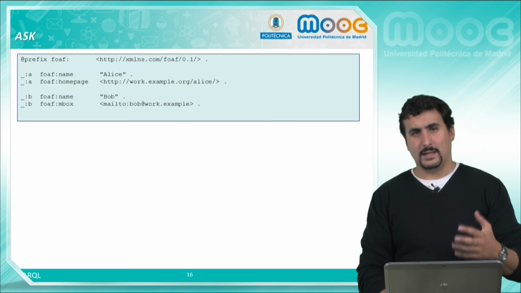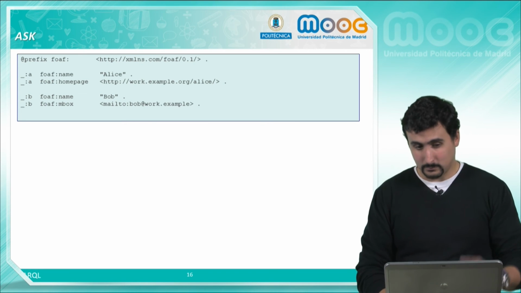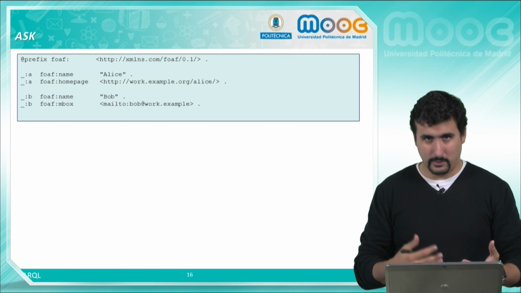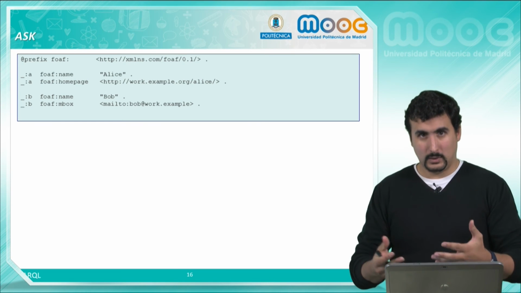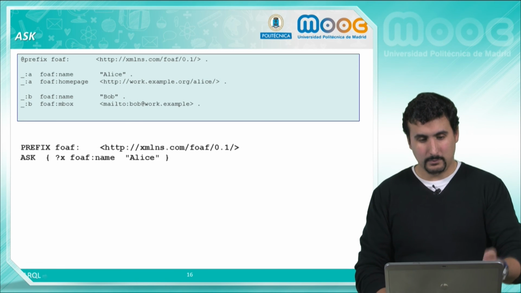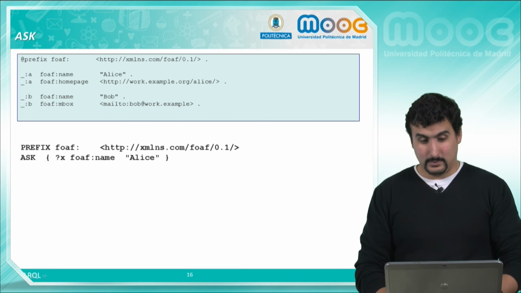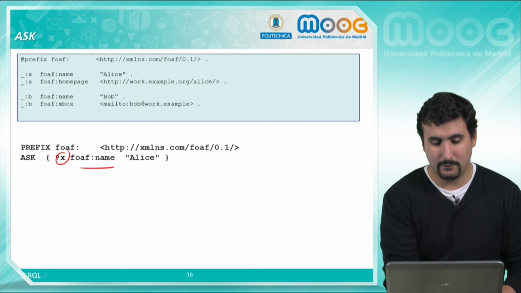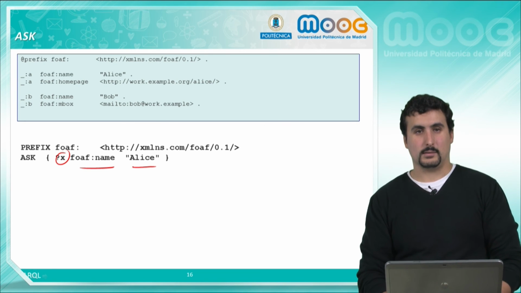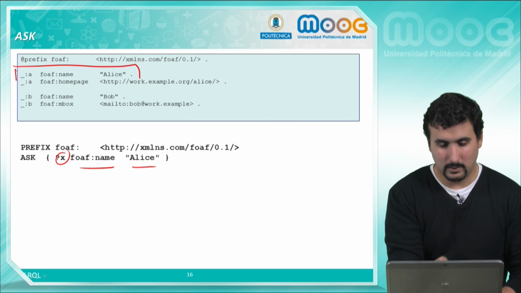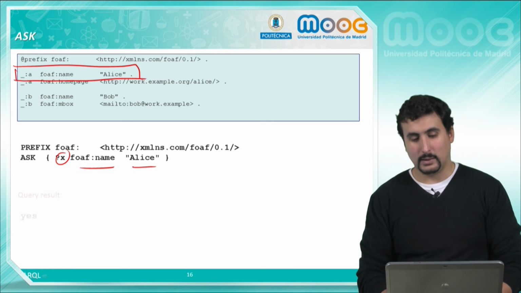We also have the ASK constructor, which allows us precisely to ask our data whether a triple exists in our data or not. For example, here we can ask whether there is a pattern in which an individual has a FOAF name with the value of Alice. If we go to our data, it is appearing here, so we will get a yes.